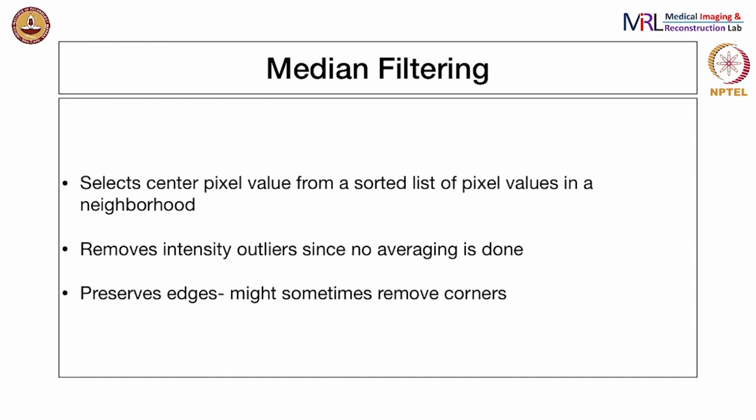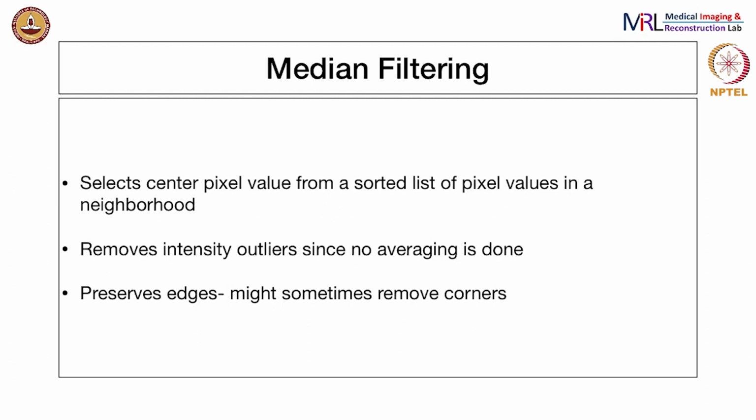It might sometimes remove so-called corners. There are some examples in several textbooks. I'll put them on the forum or maybe in a later lecture, when we summarize these few weeks, and I will look at what median filtering does in detail. The implementation is very simple: you select the region, sort the pixels in increasing order, and select the middle one.